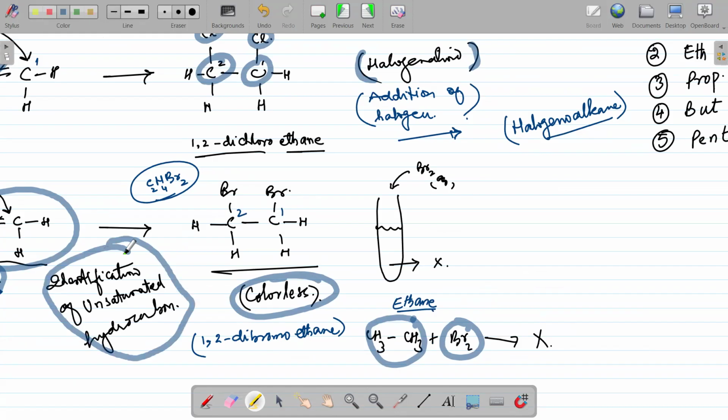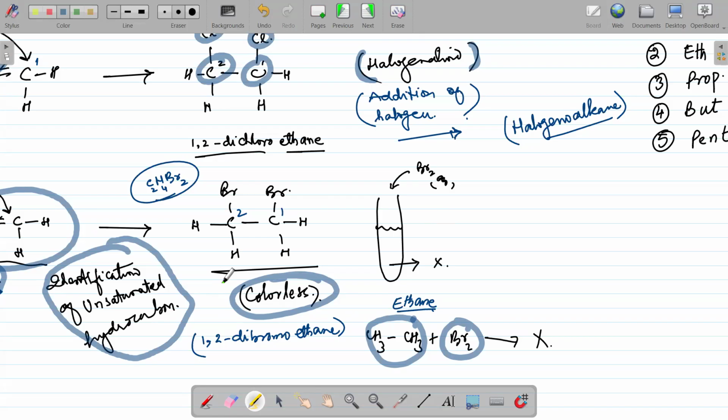So we use aqueous bromine to test unsaturated hydrocarbons. Why? Because the color of the aqueous bromine is orange, right? But when we react it with the unsaturated compound which we are going to identify, its color will disappear. So that clearly gives us an indication that the given compound is unsaturated.